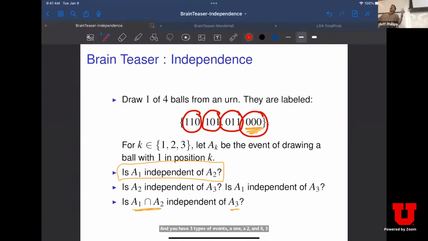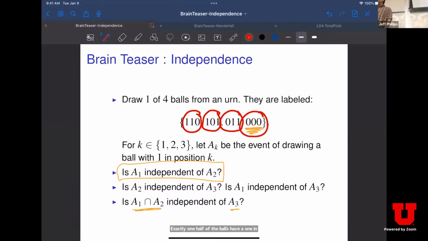And Ak indicates that there's a 1 in the kth location. So you can work out that the probability of each of the events, A1, A2, or A3, is going to be 1/2. Exactly 1/2 of the balls have a 1 in each of the positions.